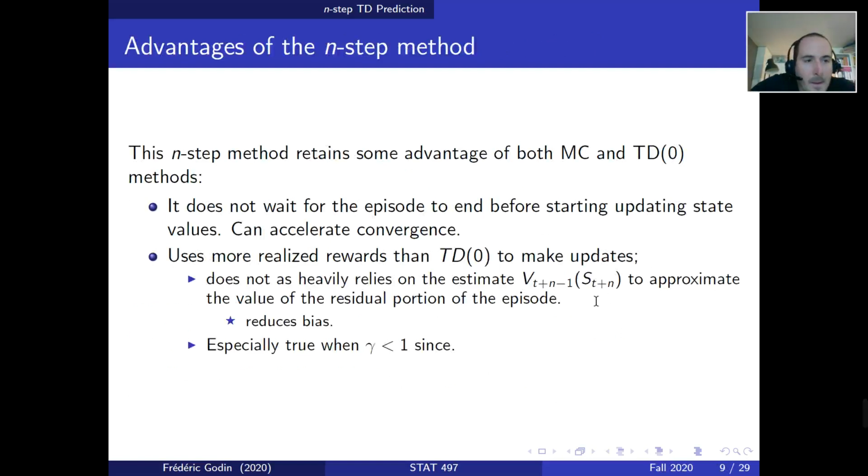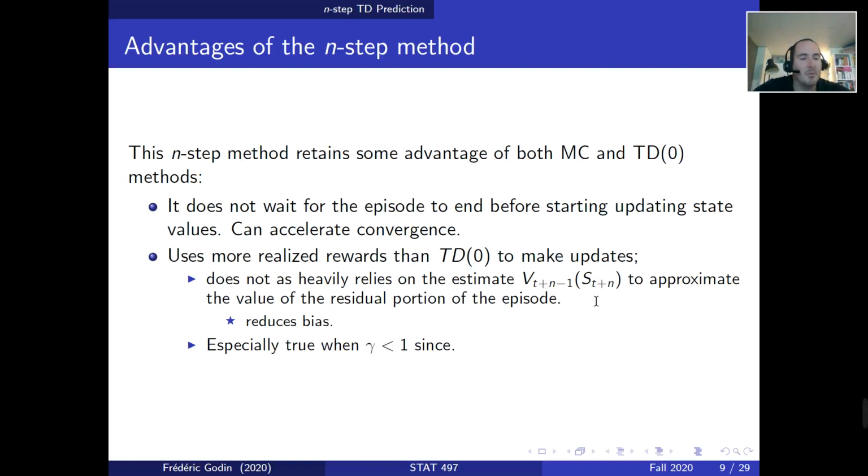So we see that when n is very small, we have high bias due to the bootstrapping term being more heavily weighted, but we have less variance because we consider a few rewards. Conversely, for very large n, we have a high variance because we consider many rewards, and each of such rewards is associated with some degree of variability. But for large n, the bootstrapping term is weighted much less heavily, so the bias is less important.